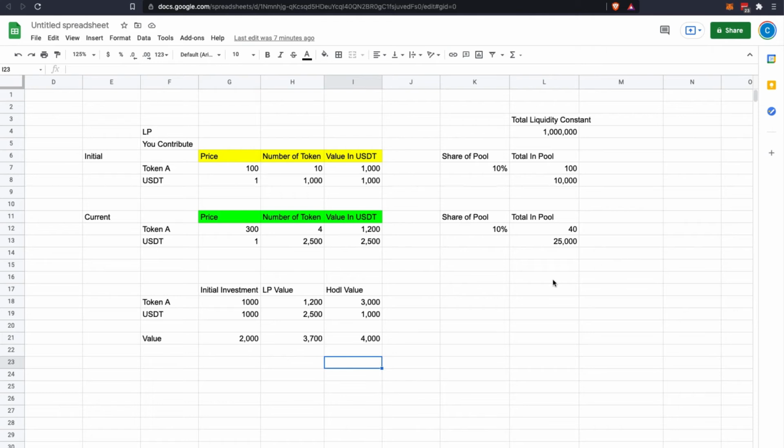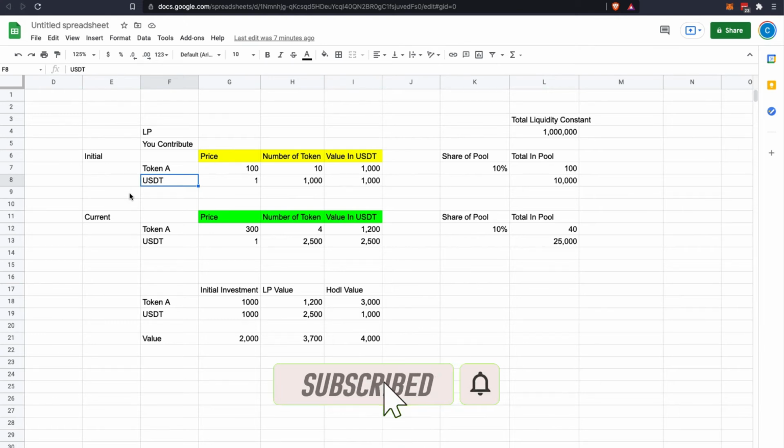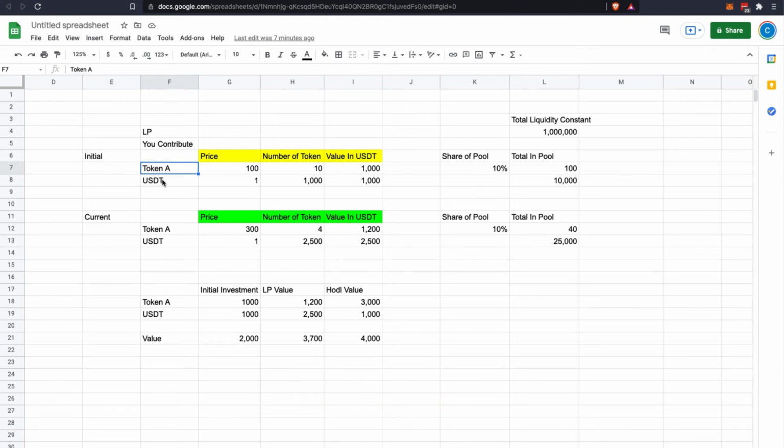Let us come back to the spreadsheet here. You will notice that in my example, I'm using token A, which is a more volatile asset, and USDT, which is a stable coin. I will be explaining some scenarios here. Let's say token A is a volatile token, and you contribute another volatile token, let's say token B. In this LP pair, you contribute two volatile tokens.